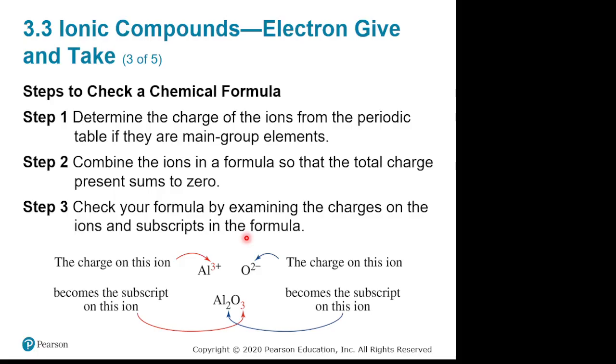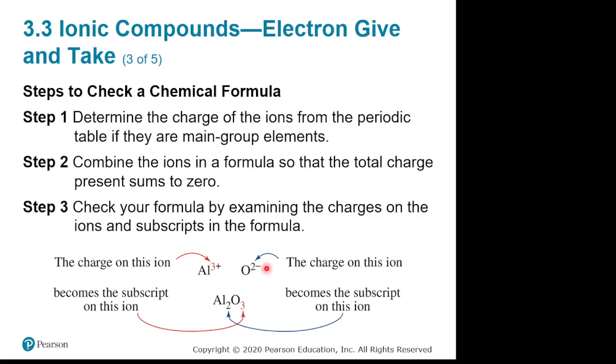Okay. All right, so we're going to cross multiply essentially. Okay. So remember that this is saying 3 plus, isn't it? This aluminum. This one's saying 2 minus, right? So if we want to get these to balance out their charges, this needs to be a positive 6 and negative 6, right? So they balance.